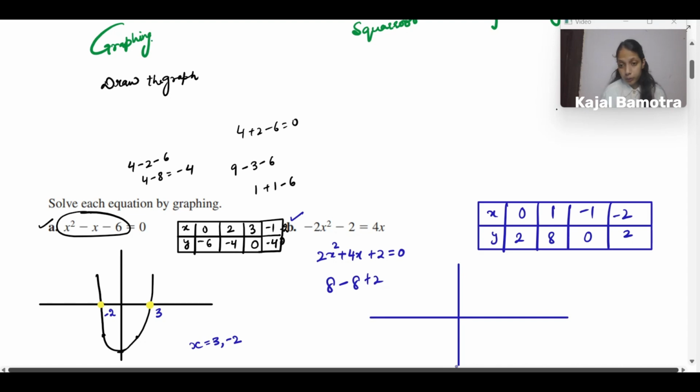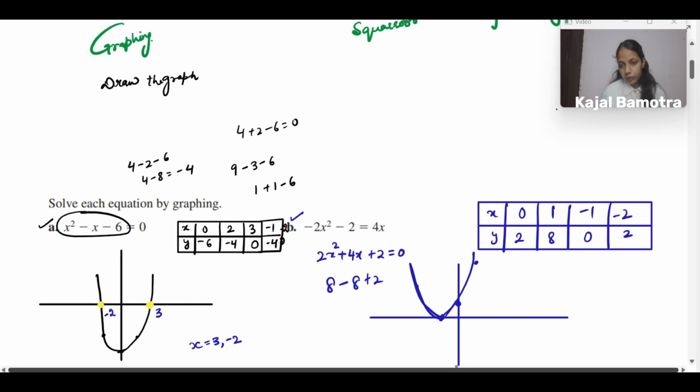At 0, it's positive 2. At 1, it is 8 here. At negative 1 it is 0, and at negative 2 it is positive 2. So the graph is like this. I shifted the terms by multiplying by a negative sign.